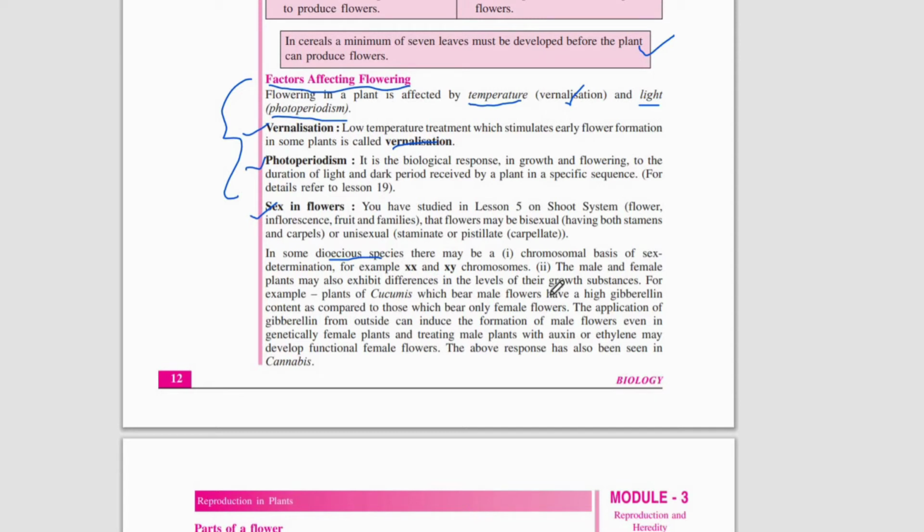If you apply gibberellin to a plant which produces more female flowers, then a plant like Cucumis will produce more male flowers.